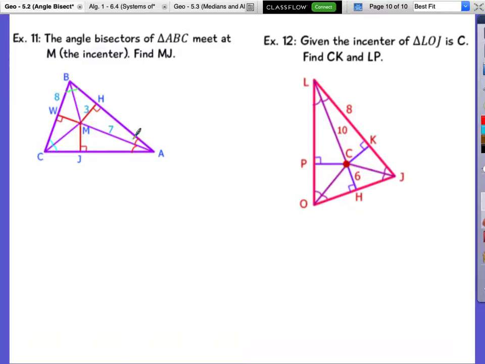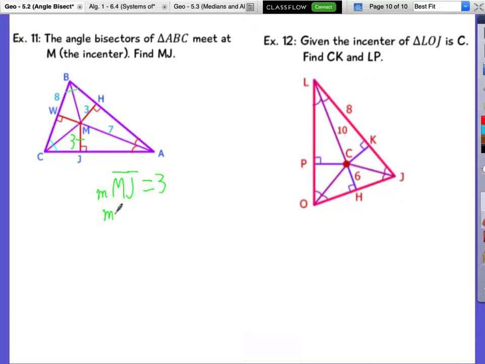The incenter is equidistant from the three sides of the triangle. Circumcenter was equidistant from the vertices. The incenter is equidistant from the sides. So what's CA? A side, thank you. So M is going to be equidistant from both the side AB and the side AC. So since it's 3 units away from AB, it's going to be 3 units away from AC, so the measure of MJ is 3.